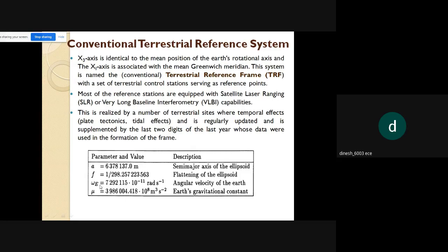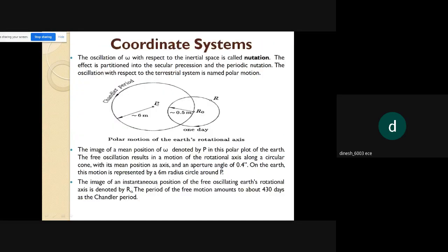Omega E represents the angular velocity of the Earth, which should always be 7292115 times 10 power minus 11 radians per second. And the Earth's gravitational constant is 3986004.418 times 10 power 8 meter cubed per second squared. All this determines the positioning.